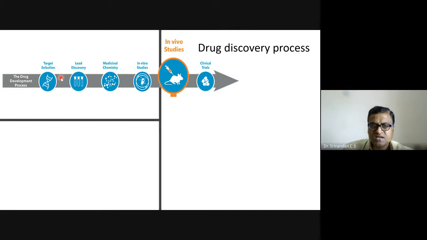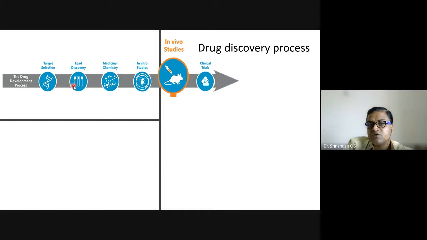So, like this, when you know the cause of the disease, you come to the level of the gene, and what protein the gene expresses, and whether we can inhibit this protein, then everything will be okay. Most drugs work like this.